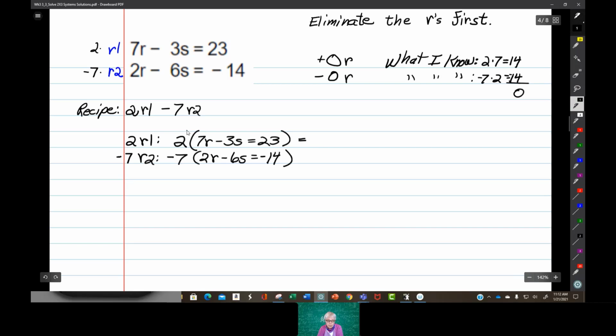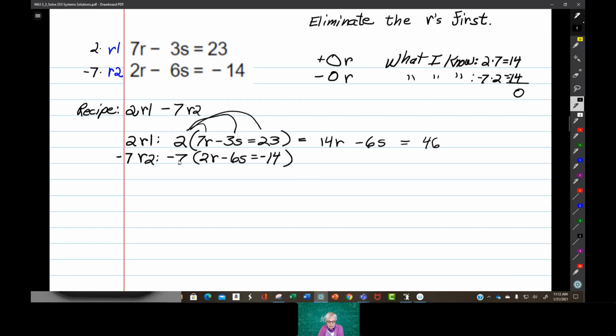This will be 2 times 7R, 2 times minus 3S, and 2 times 23. So that will be 14R minus 6S equals 46.